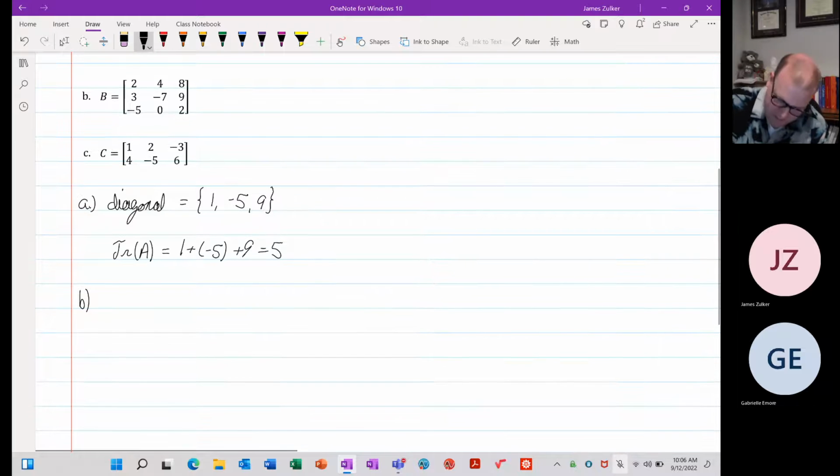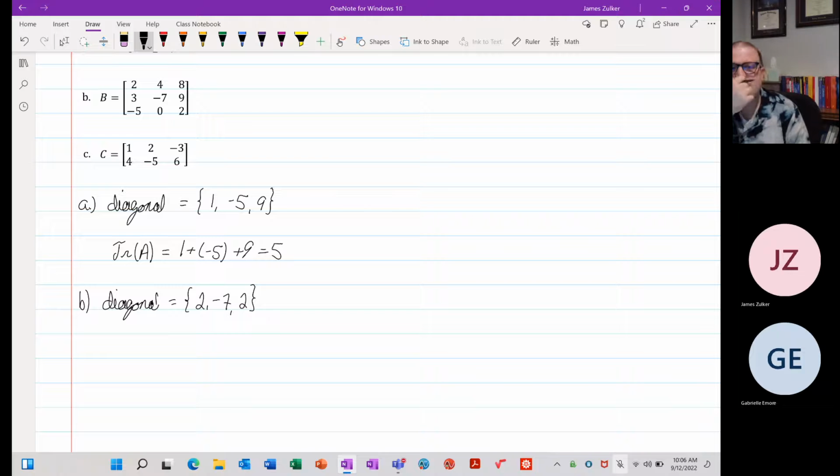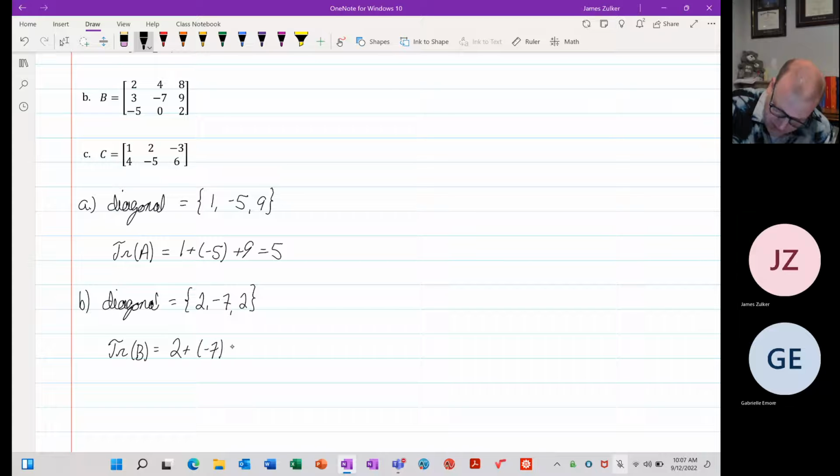And so for matrix B, the diagonal is the set of elements 2, -7, and 2. Its trace is their sum, so 2 plus -7 plus 2, which is -3.